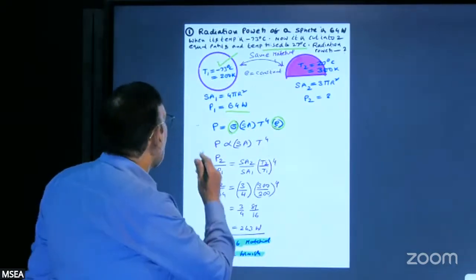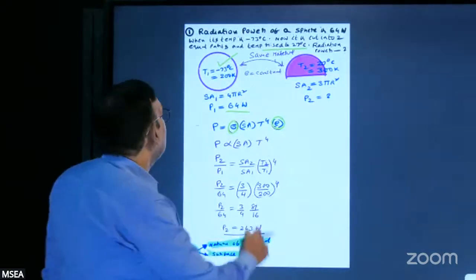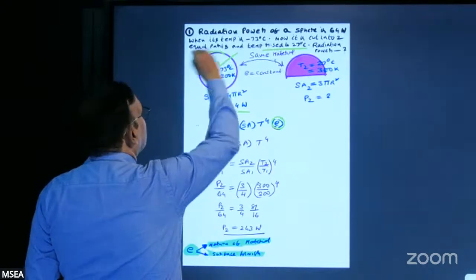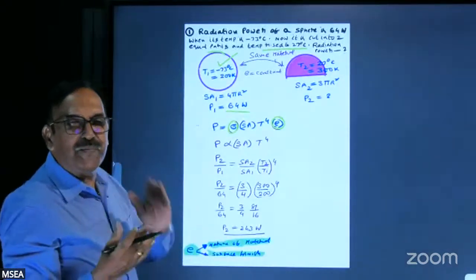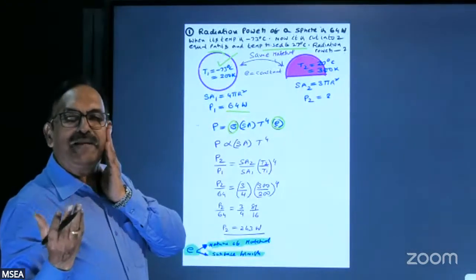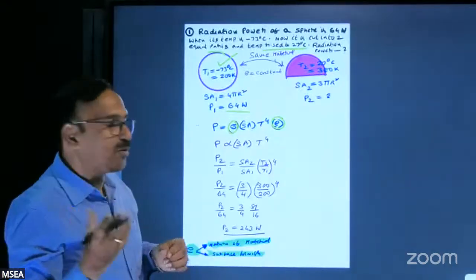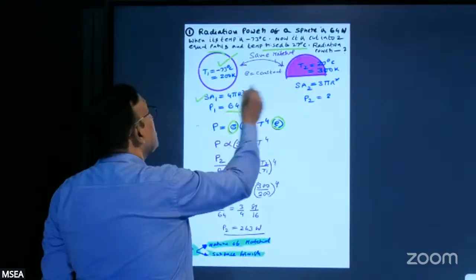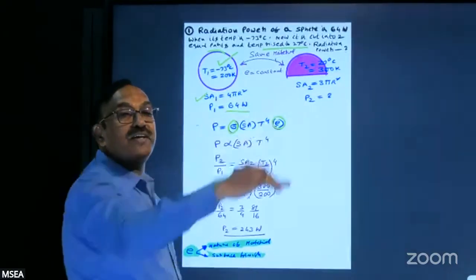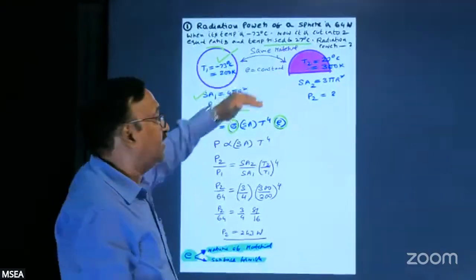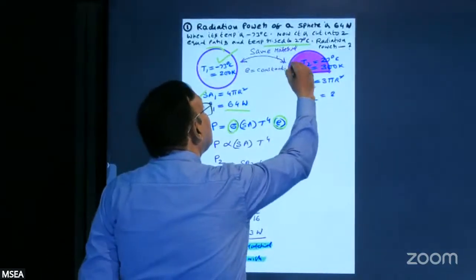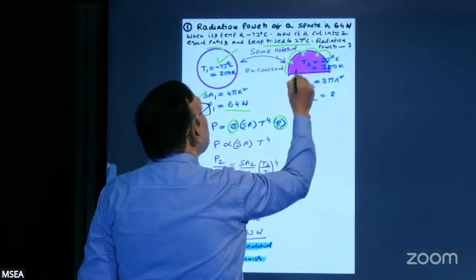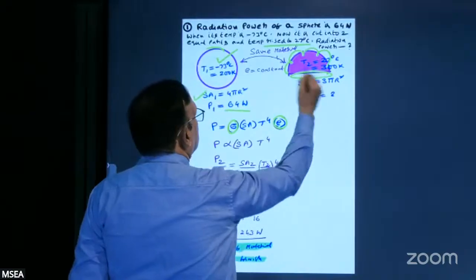Now the thing is how to calculate the surface area. What is the surface area of a sphere? In surface tension topic we get, in electrostatics we get, many times we get moment of inertia topics and so on. Surface area of a sphere is 4πr². What about the surface area of the hemisphere after it is being cut into 2 parts? That surface area includes the area of this curved part plus the area of this circular part also.